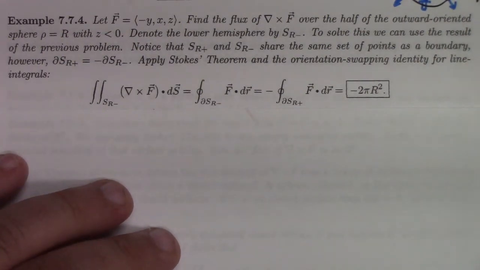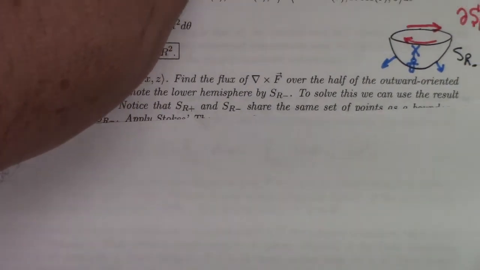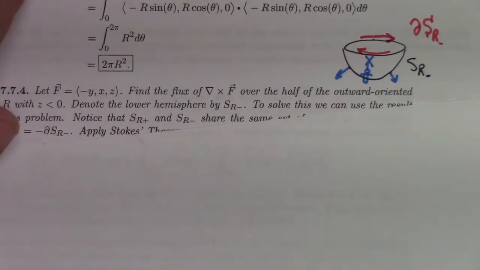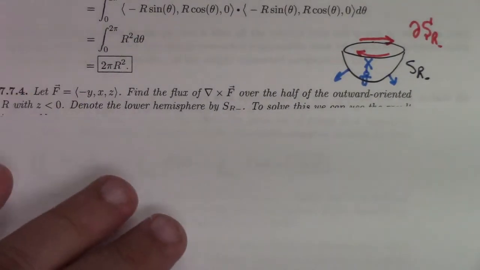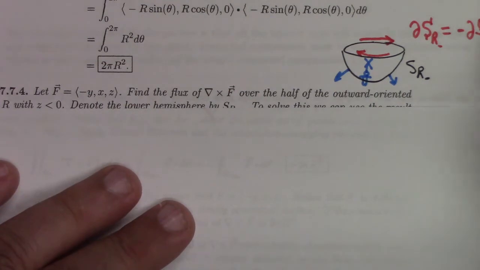So in other words, the boundary of S_R minus is like that. And if you go back to the previous one, it's actually minus the boundary of S_R plus.